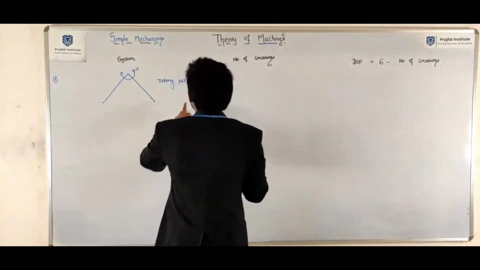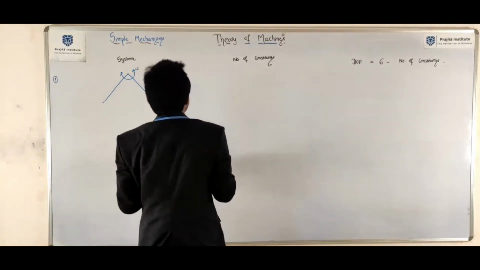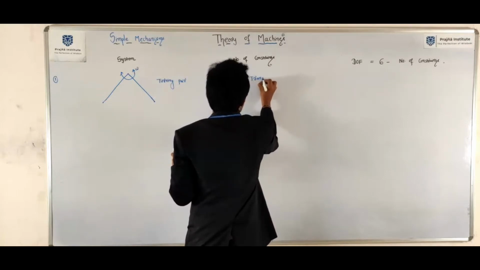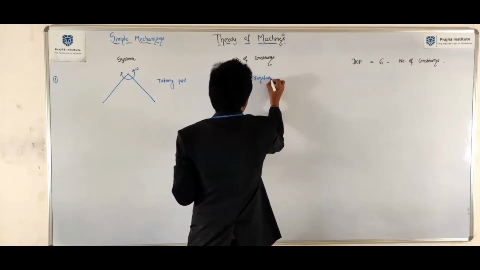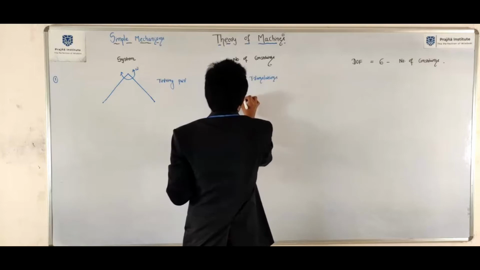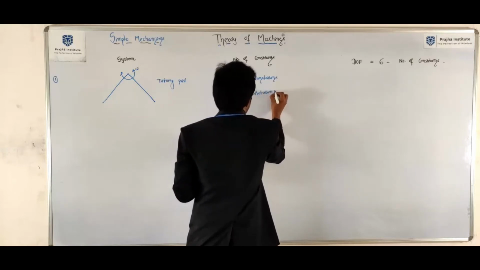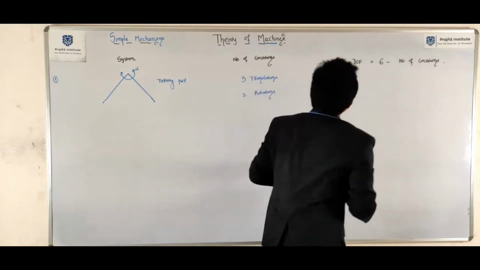That means how many motions are restricted? 3 translations, 2 rotations. How many motions are allowed?